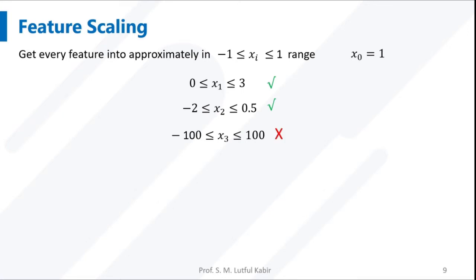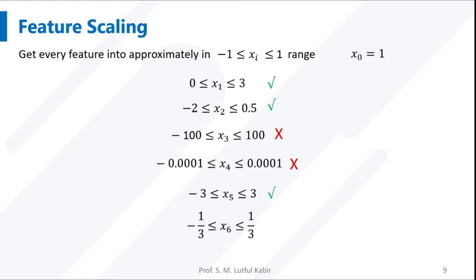Similarly, if a particular feature is within a very small range compared to 0 to 1 or 0 to 3, etc., if you start from -0.0001 and go up to 0.0001, this is also not acceptable. Again, if the range is between -3 to +3, not -1 to +1, it is also acceptable.